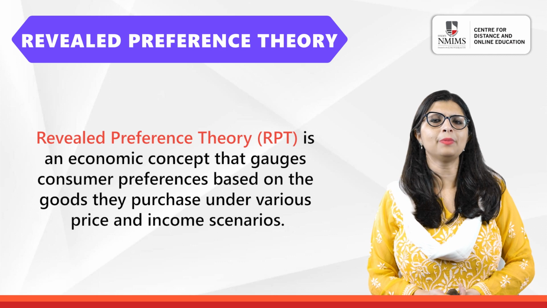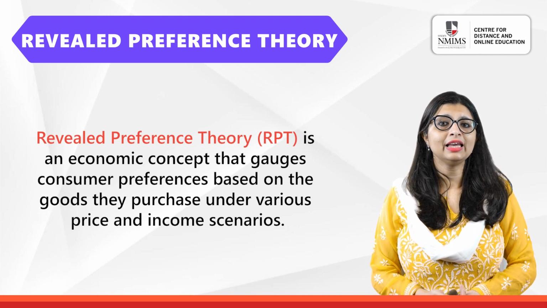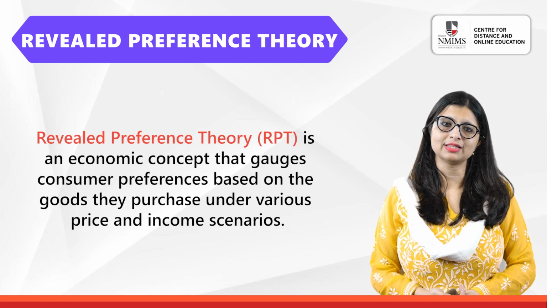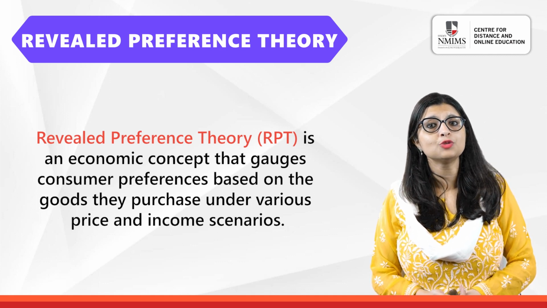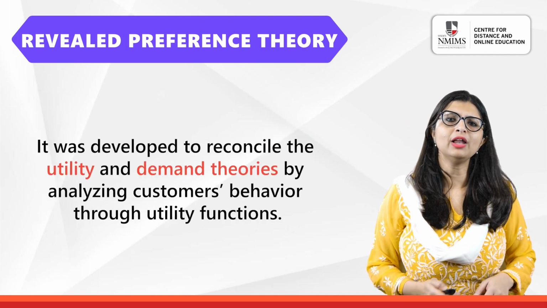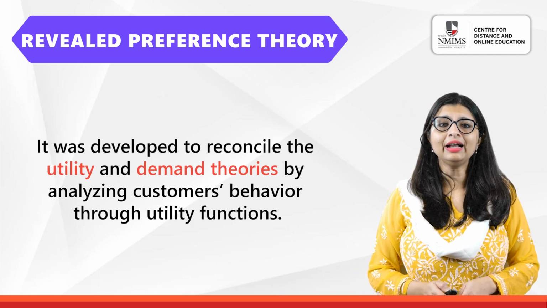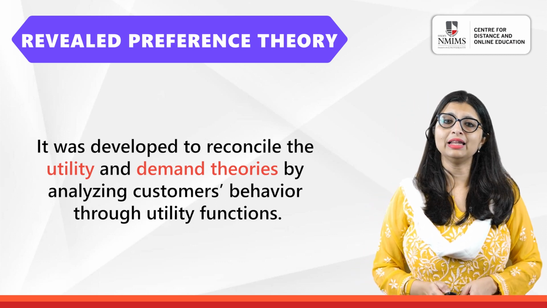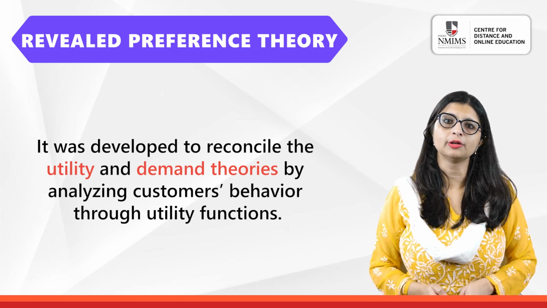Thus, revealed preference theory is an economic concept that gauges consumer preferences based on goods they purchase under various price and income scenarios. It was developed basically to reconcile the utility and demand theories by analyzing consumers' behavior through the utility function.